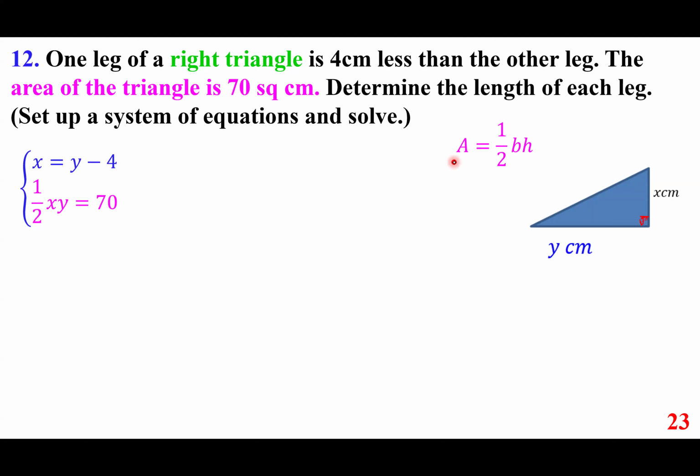First and foremost, let's get rid of the fraction. So let's multiply both sides by 2. XY becomes 140. Just because we want to get rid of the fractions. That's the only reason.